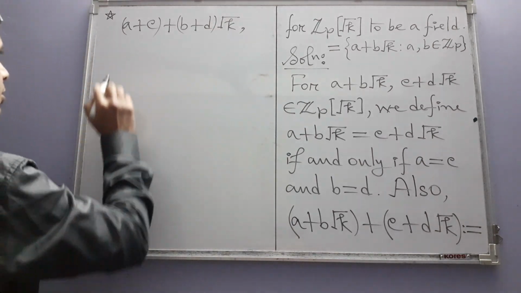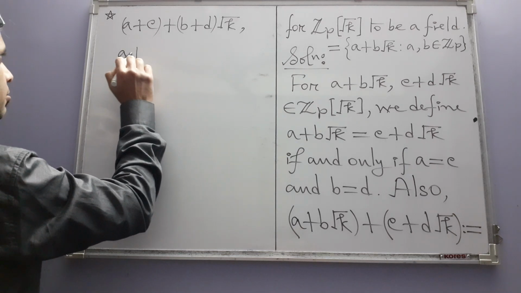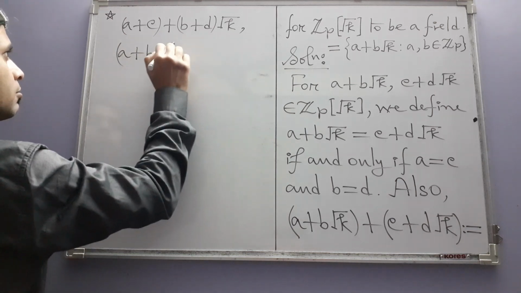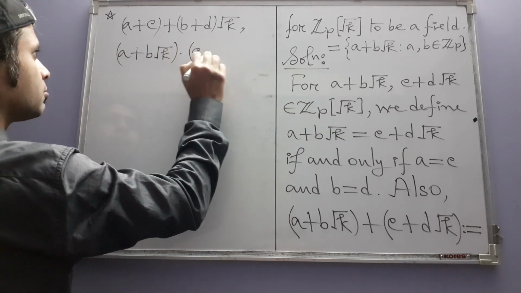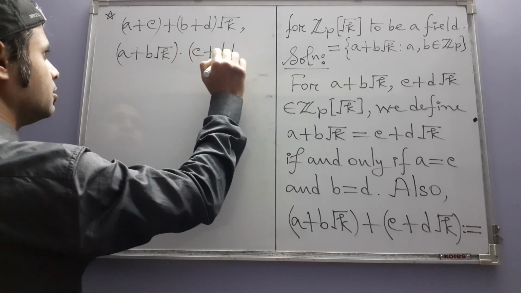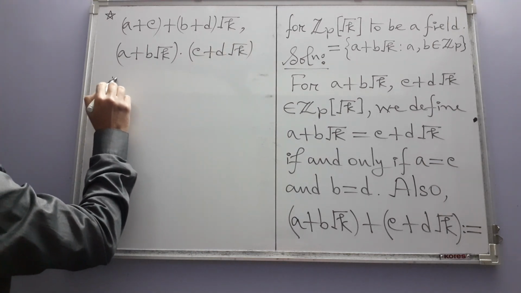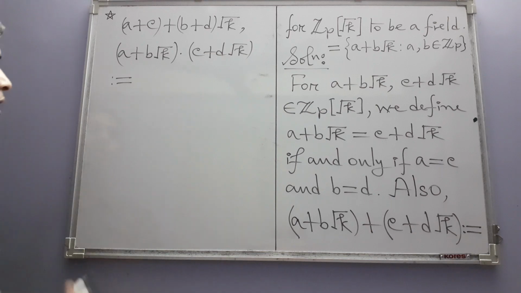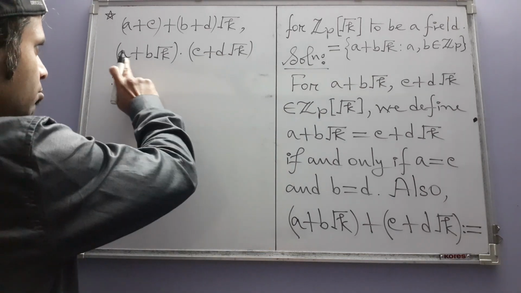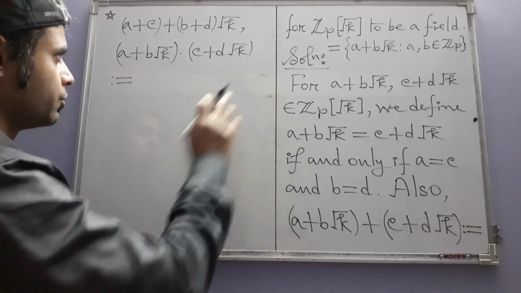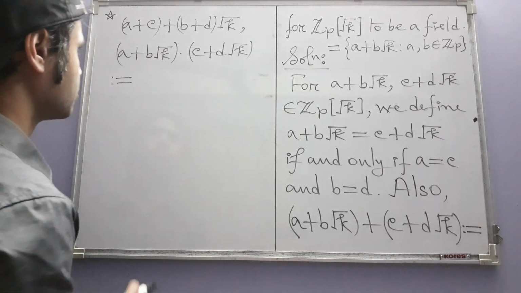But we also need to define multiplication, a plus b root k times c plus d root k. So you just need to see what you would get if these were real numbers or, say, complex numbers, and you would normally multiply things out.